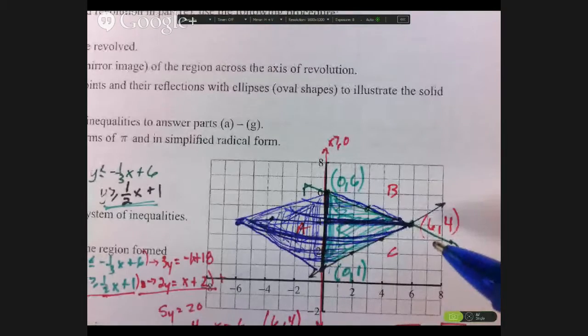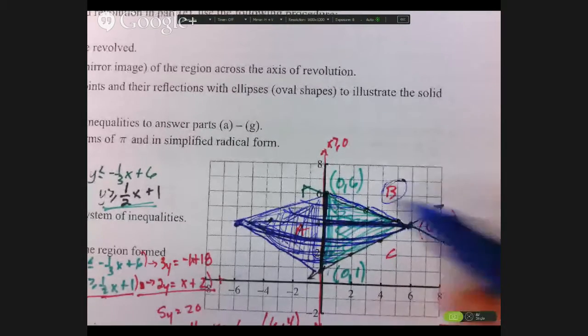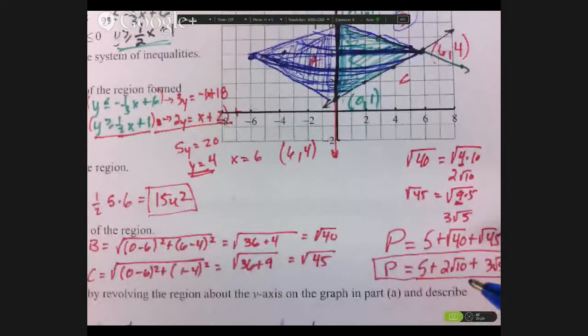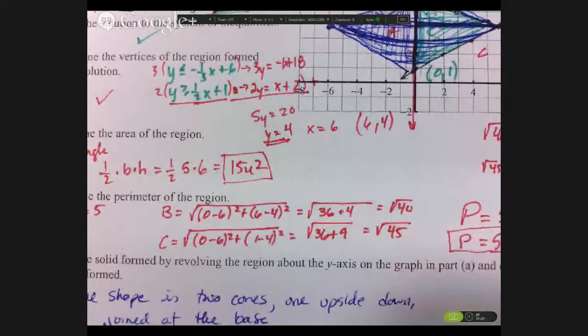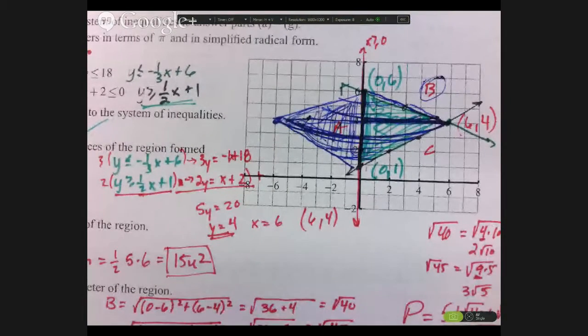It's b, because we already did the distance formula. 2 root 10. And the bottom is pi times 6 times the slant height of 3 root 5.